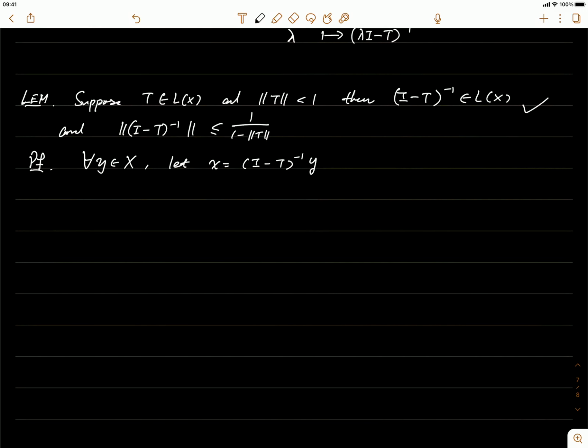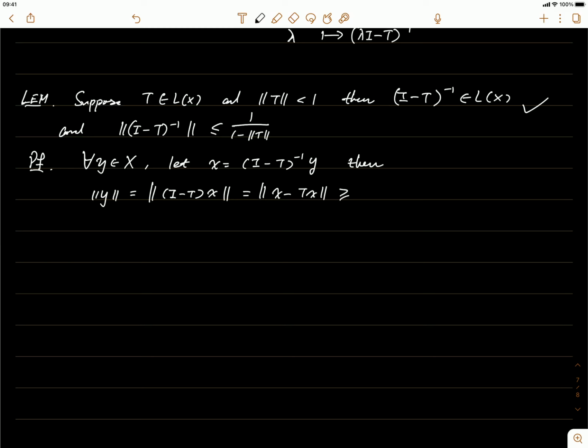Then we look at the norm of y. It is equal to the norm of I minus T applied to X. Right, this is how we define this X. Then this is just X minus Tx.